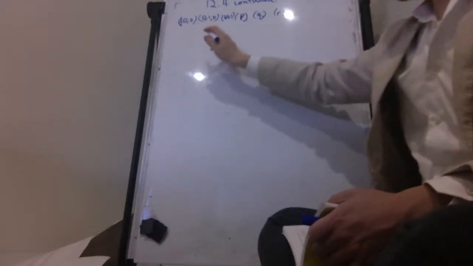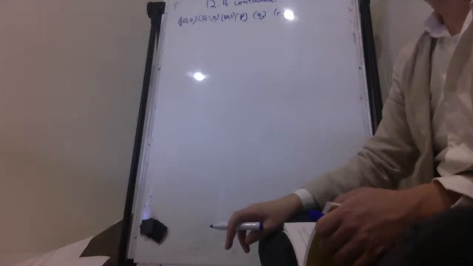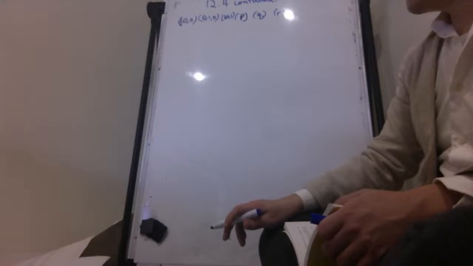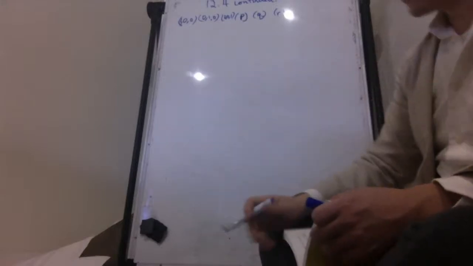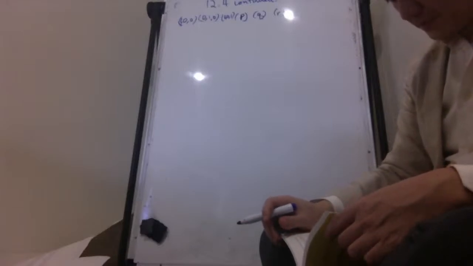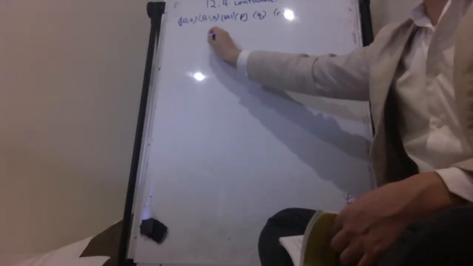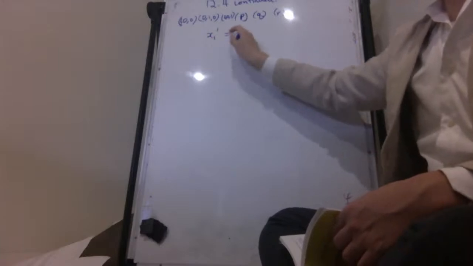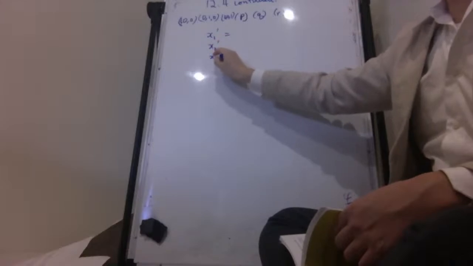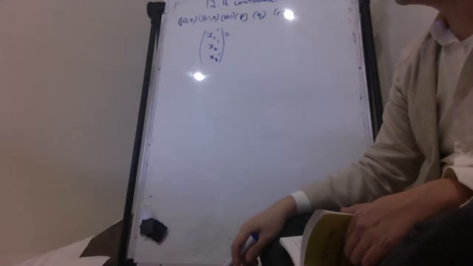Okay, and so basically, we have some transformation that takes x1 prime, x2 prime, x3 prime. Maybe I could write this as a column now, so it saves me some space.